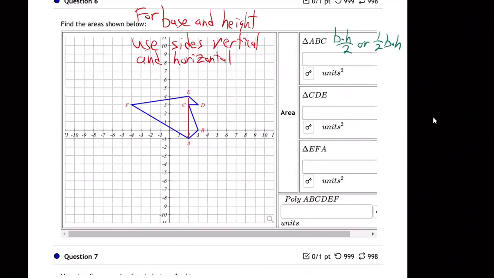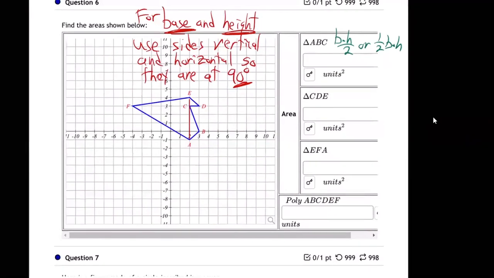Use lines that are straight up and down or straight sideways, so they are at 90 degrees. Whenever you do a base and a height, you've got to use lines that are straight up and down or straight sideways. That way you can easily make sure they're really at 90 degrees to each other.